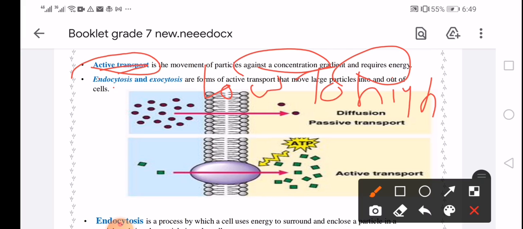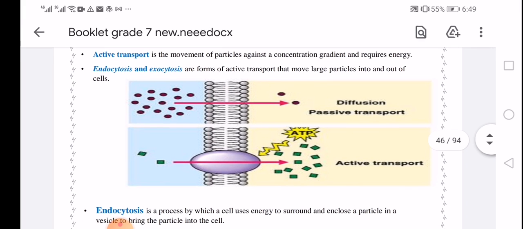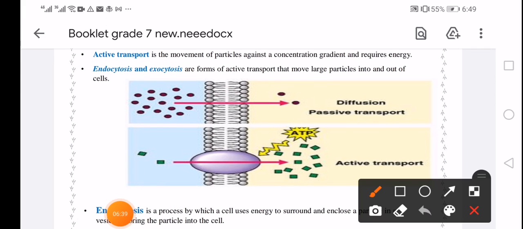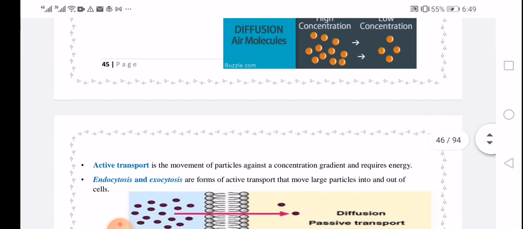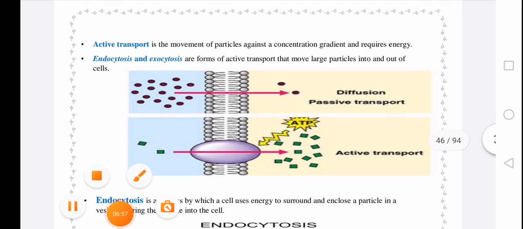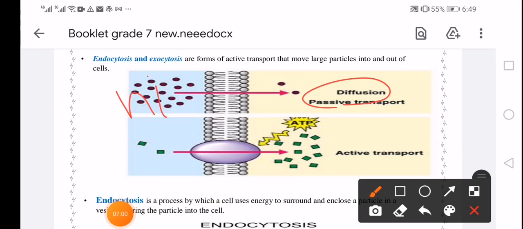Look, this is active transport, from low to high, against the concentration gradient, while diffusion goes from high to low.